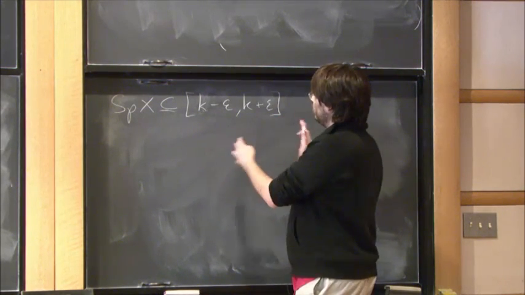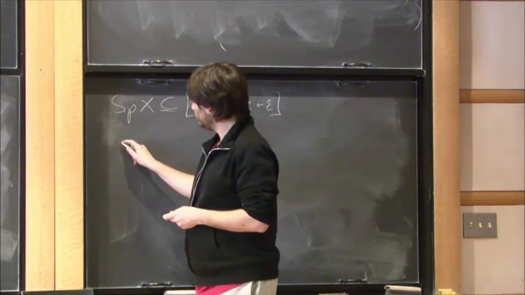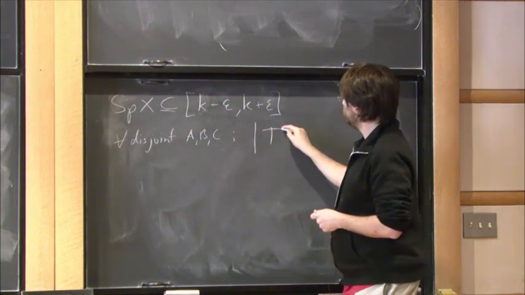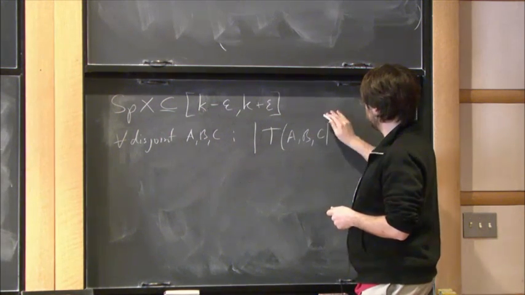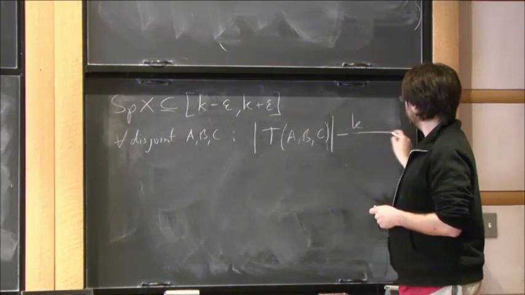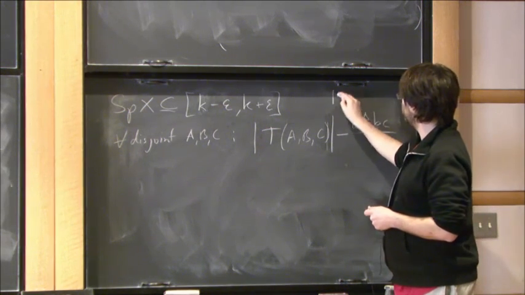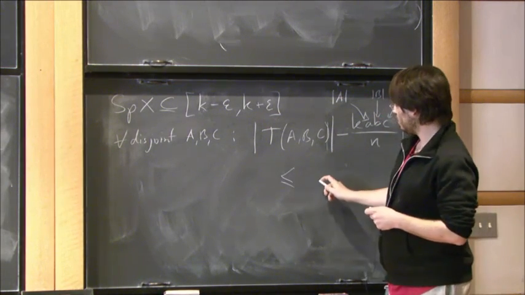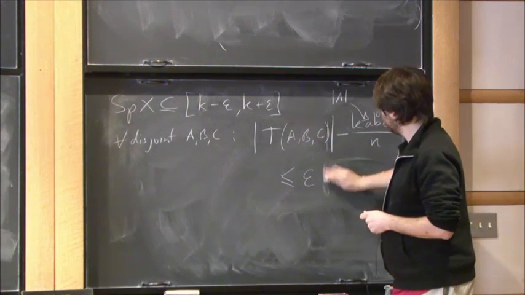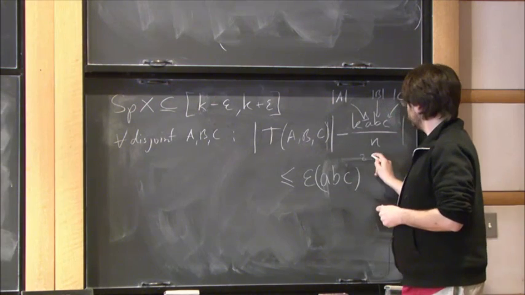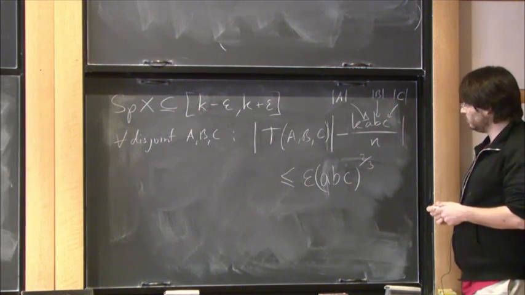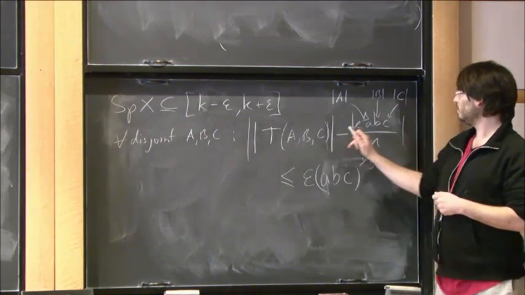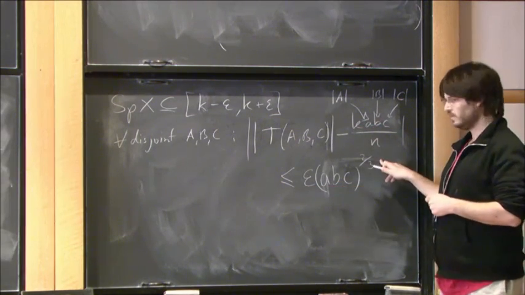Okay, so here we have a spectrum. The spectrum is concentrated around some k. And what I want to show is that now for any disjoint A, B, C, the number of triangles deviates from k over ABC, and so now this will be A, B, C. The deviation is bounded by epsilon times ABC to the 2/3, and for graphs, most of you probably know the same statement with the edges between two sets A and B. Here it would be k|A||B|/n, and here it would be epsilon times (|A||B|) to the 1/2.